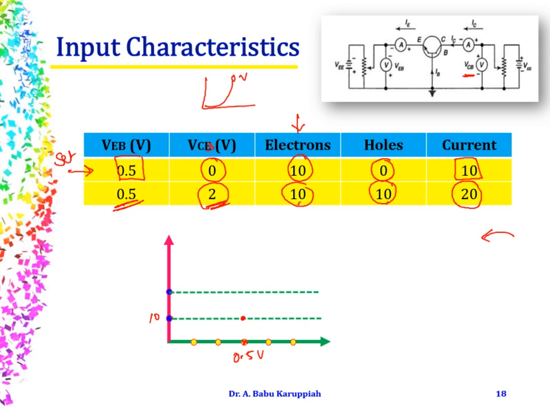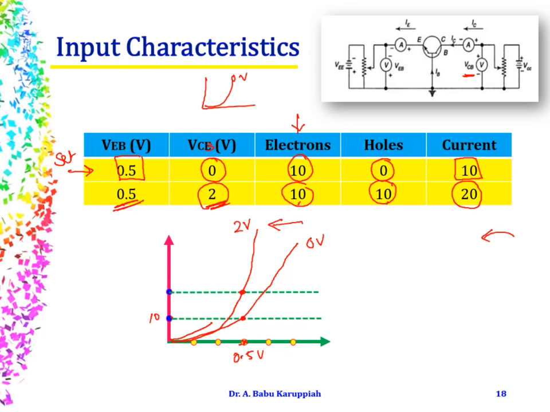Fine, which means that at 0.5, it was 10, now it is 20, right? So the curve would have gone like this for the first set of readings, and the curve would come here and it would come like this. So the curve will shift upwards. This is for 0 volts and this is for 2 volts, and the curve now shifts upward.